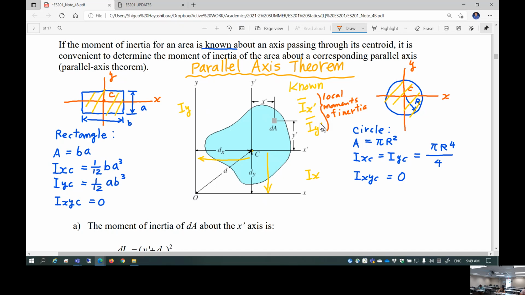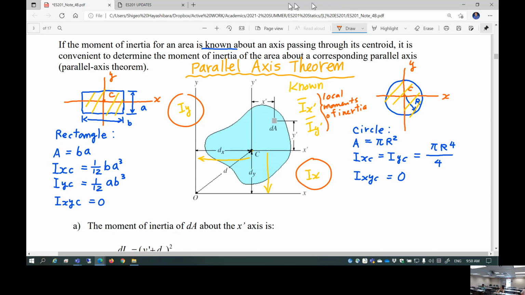Suppose you know the local moment of inertia going through the centroidal axes, in this case x prime, y prime. But what I want to know are Ix and Iy. How can we do such a thing using the parallel axis theorem?